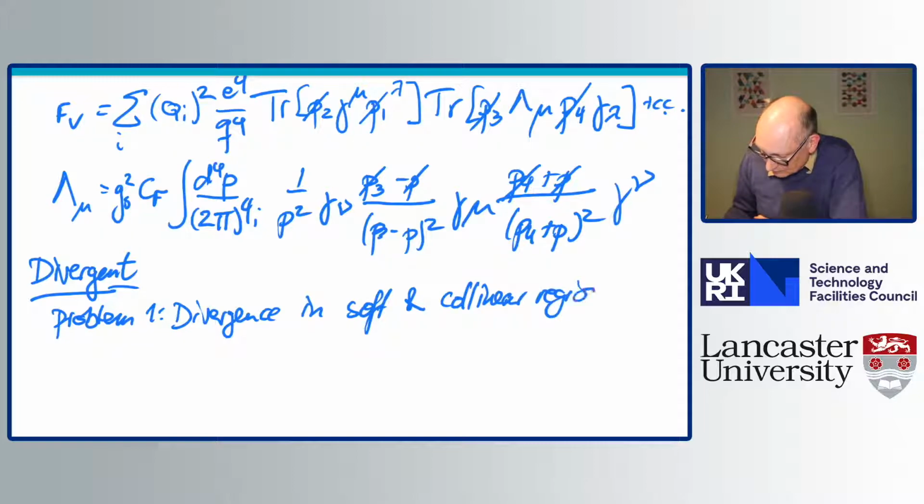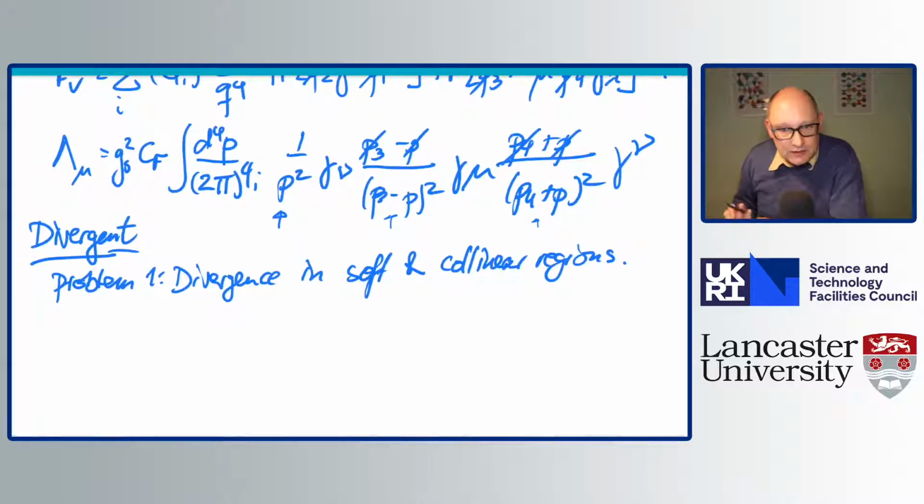And what does that mean? That means when P goes soft, or when P is collinear with P3 or minus P4, then this integral diverges. Not only does the integrand diverge, but the integral diverges too.